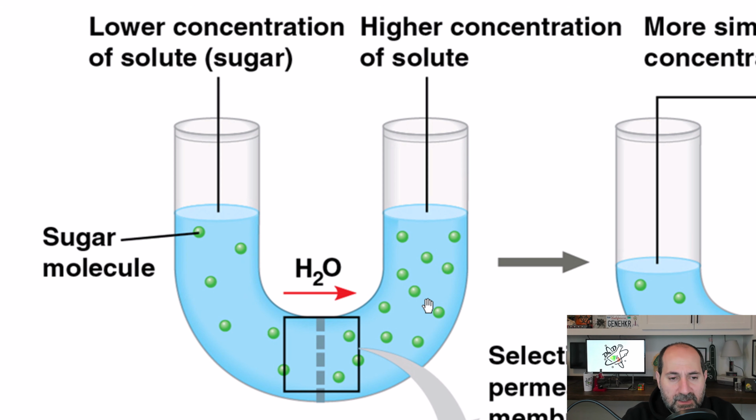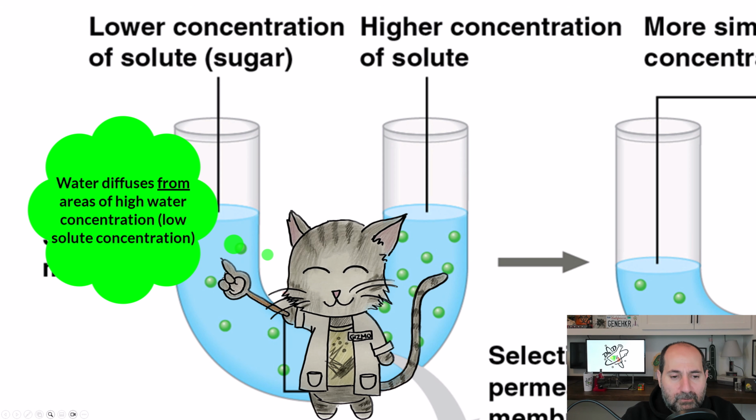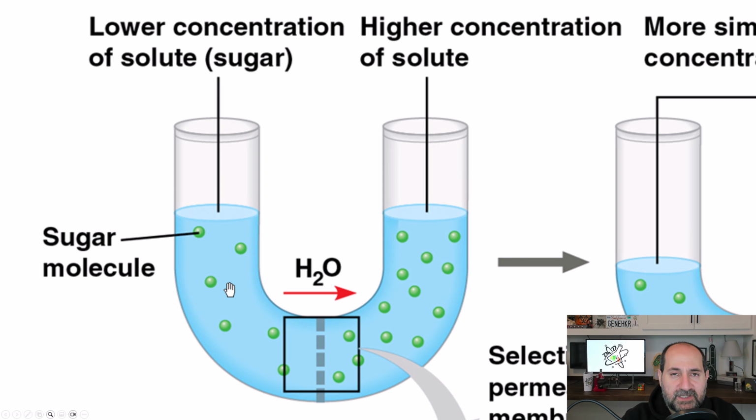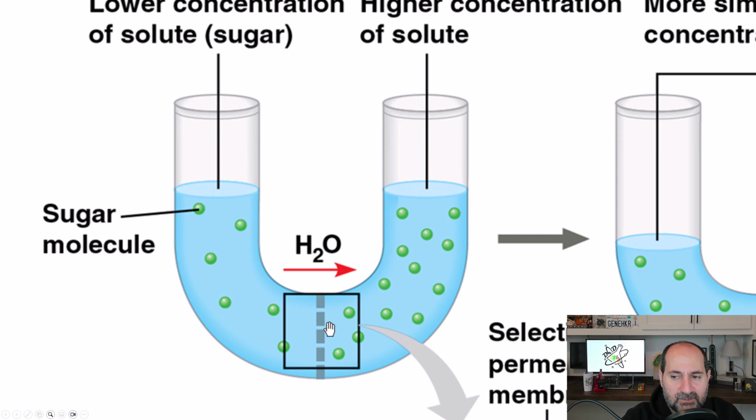Did you follow me? If anything, remember this that I'm about to say now. Whatever is diffusing will diffuse from where it itself is high in concentration to where it itself is low in concentration. So take a look at this example here.